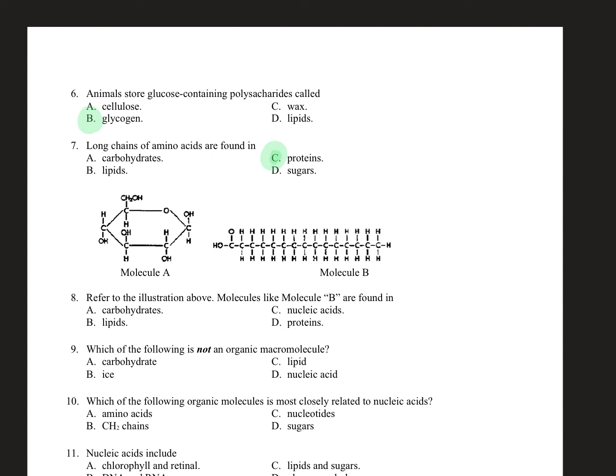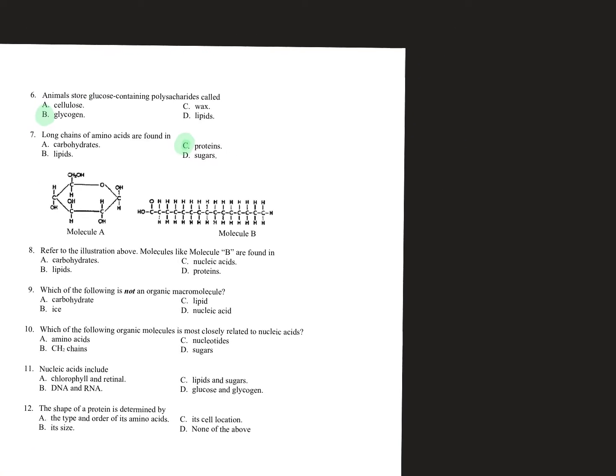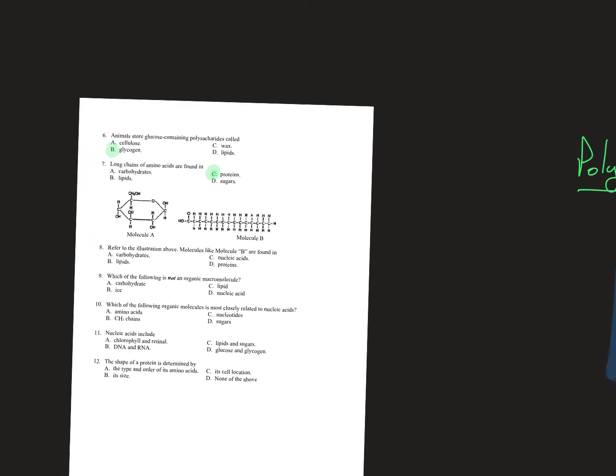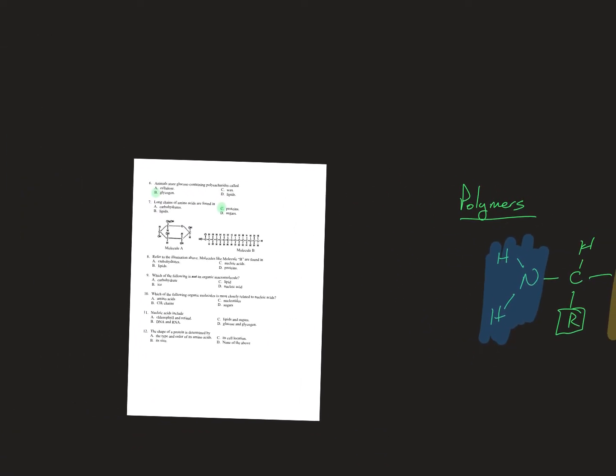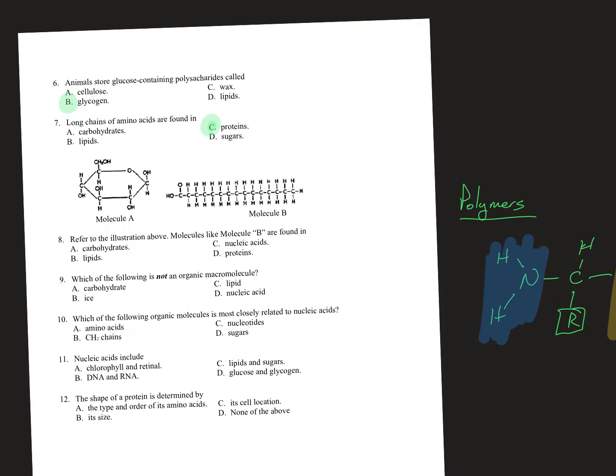The next question, refer to the illustration above. Molecules like B are found in proteins. Okay, so if they're going to be nucleic acids and proteins, what elements would you expect to see? I told you this was going to be key.